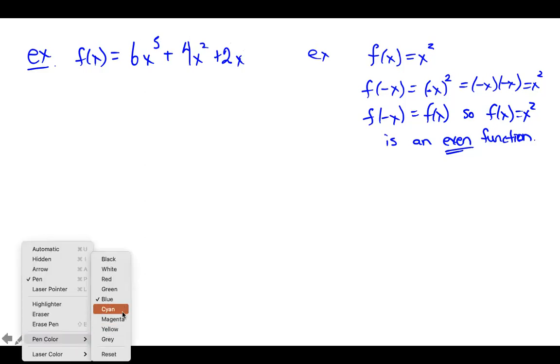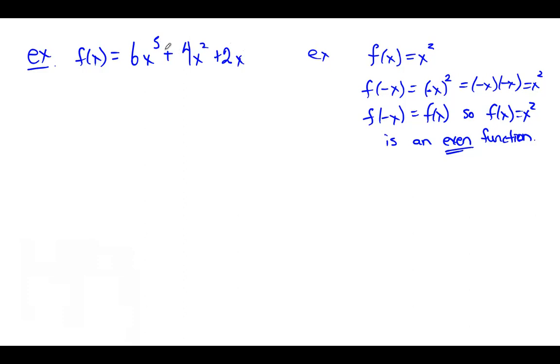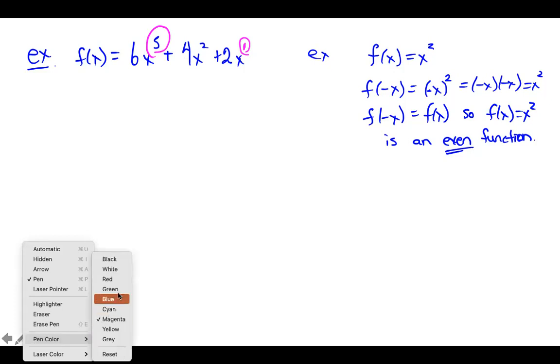So this 5 is an odd number. What about here? There's another reason too. Yeah, x to the power of, it's like an imaginary 1 here. So that is also an odd number, right? 1 is odd, right? So therefore, let's go back to our blue.